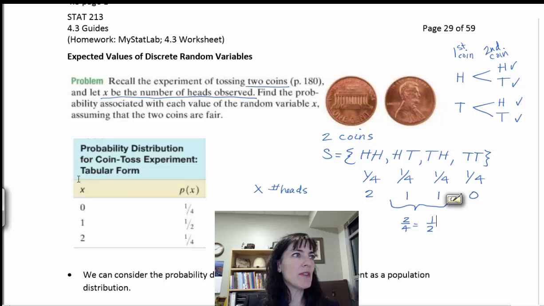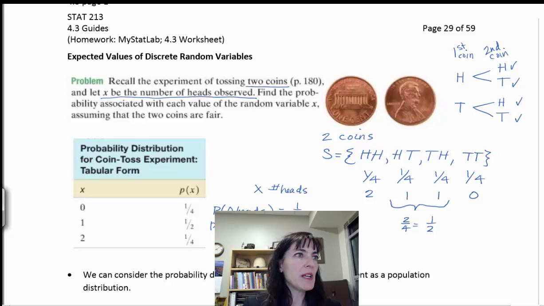I have x, which was defined to be the number of heads observed, and I have possibilities 0, 1, and 2. That's from right here. There's the 0, there's the 1 twice, and there's the 2. And then the probability of each of those occurring is listed here in the same numbers that we found. So I can say the probability of 0 heads is 1/4.